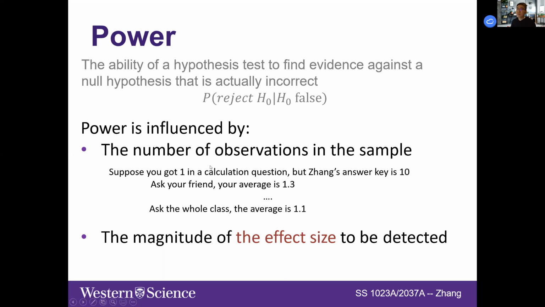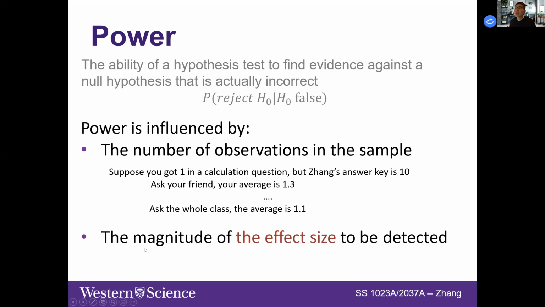So as you can imagine, as we increase the sample size, or the number of observations, our test will be more powerful to tell the difference. That's the idea for this part.